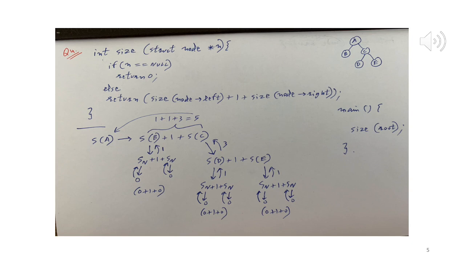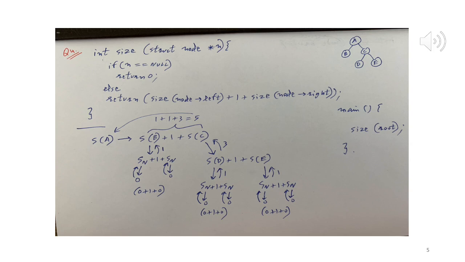When we call size, the pointer gets equated to n. So now n is also a pointer to the root node. In this case, the root node is a node with value A. Recall the definition of the node. For a node, you have three member variables. One is the data, in this case a character. The other members are a pointer to the left child and a pointer to the right child.